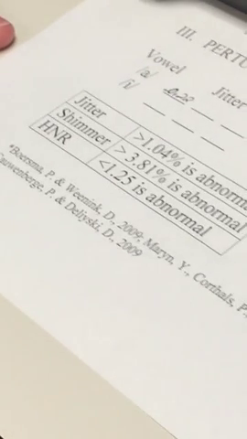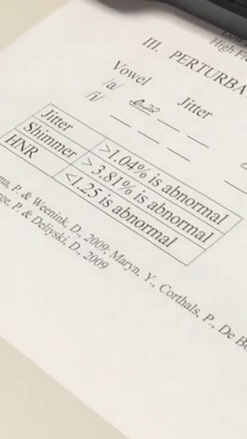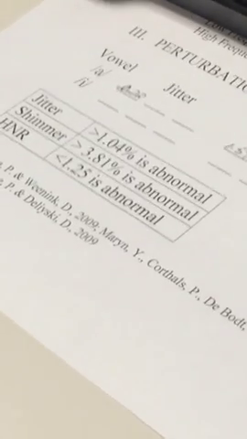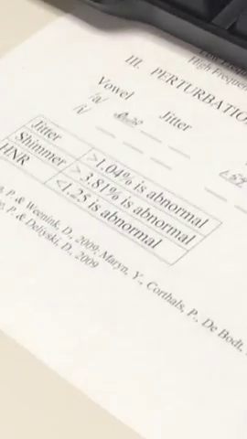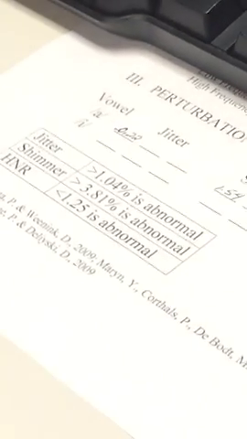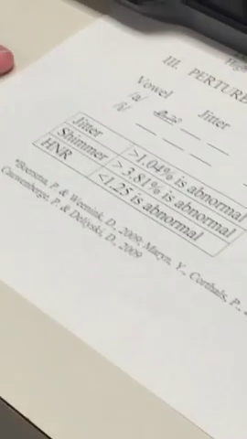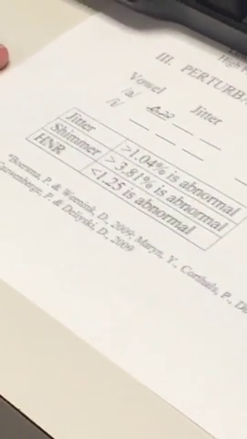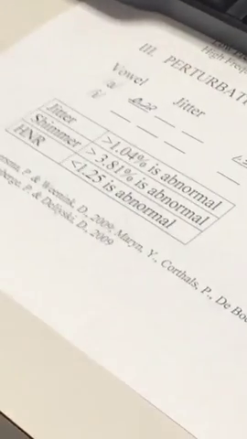Okay, and so anything greater than 3.81% is abnormal, so I'm still okay there. Remember that shimmer is cycle-to-cycle variation in amplitude. So when we talk about loudness, if somebody is outside of the normal range of variation in loudness, then they would have abnormal shimmer. Fortunately, I do not.